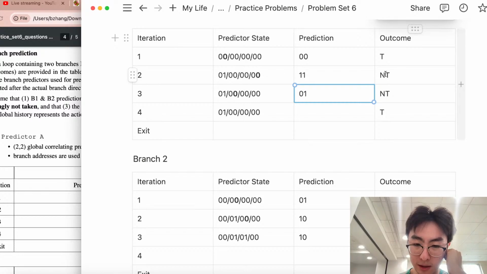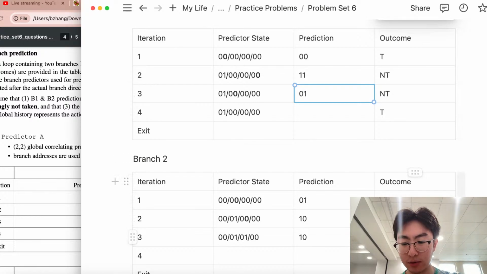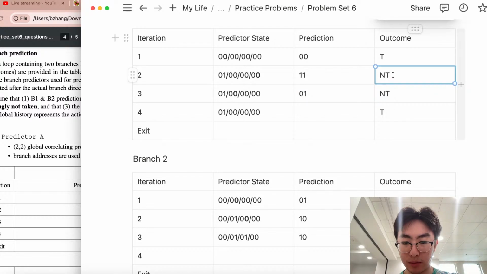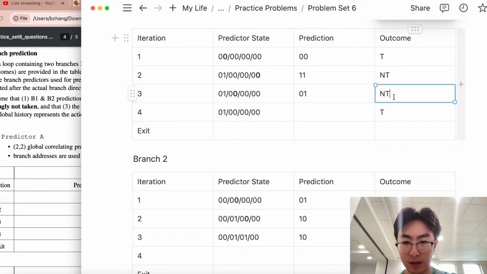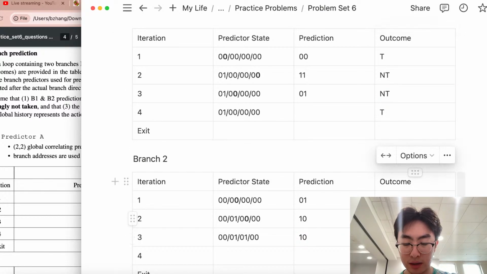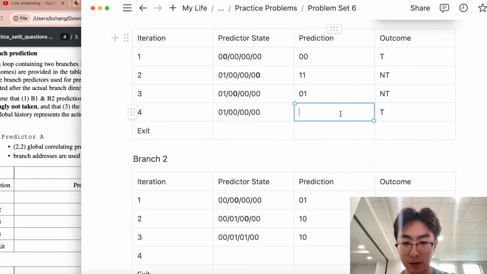Taken and not taken, right? So we have to look at this one and this one. This one, that one. When we look at this, what do we look at? We look at not taken, taken. Then when we're looking at this, we do taken, not taken.